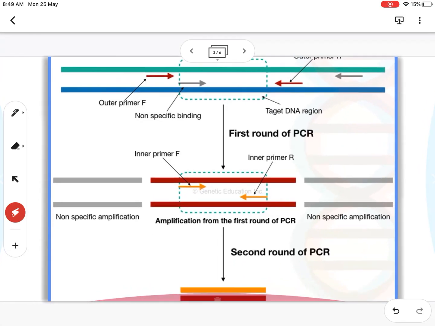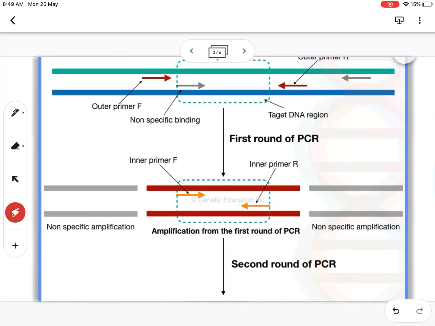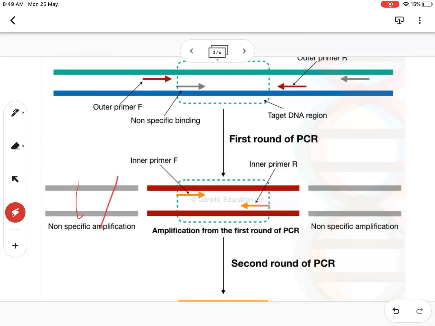As a result, after the PCR run we get some non-specific amplification. So these gray ones are the non-specific amplification at the end of the first run. They are undesirable, whereas this red color is the expected amplicon.